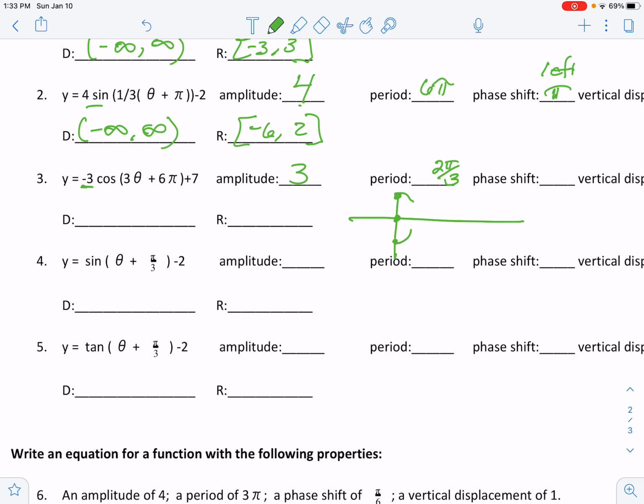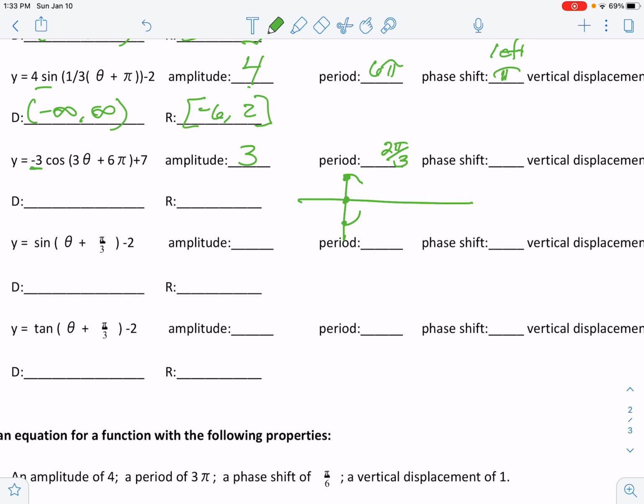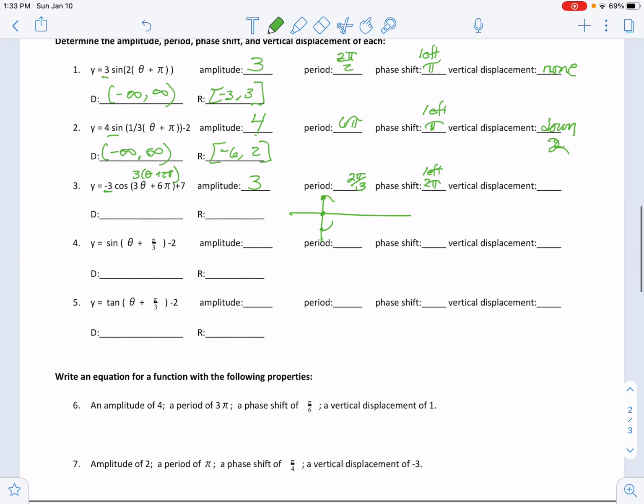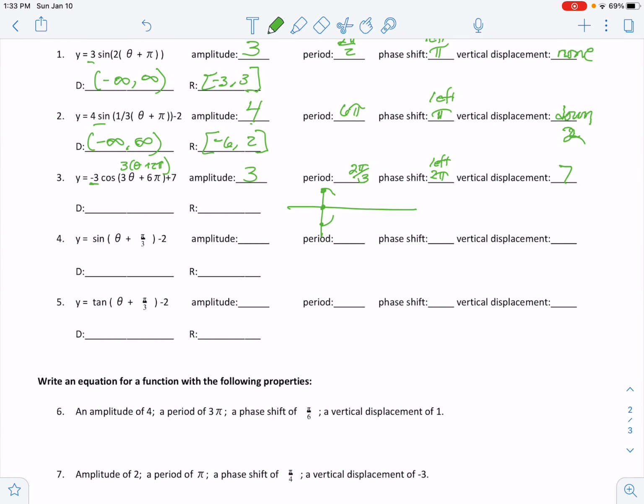Okay. Phase shift, I got to factor that 3 out. So it's 3. This is theta plus 2 pi, so it's left 2 pi. Vertical displacement is up 7. Oh, man. Okay. So let's do this.